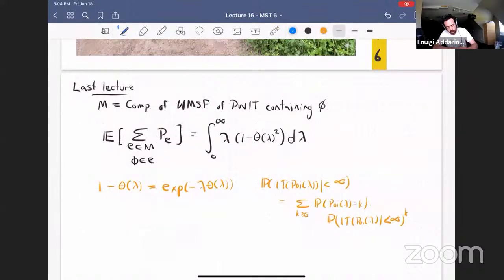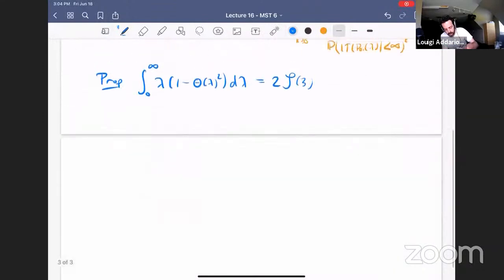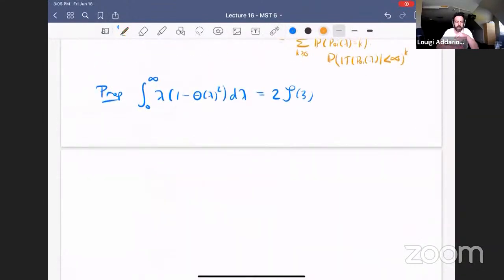Okay, so using this, we're going to prove that this expected total weight incident to the root in M was 2 zeta 3. So now that boils down to showing that if we integrate lambda (1 minus theta lambda) squared d lambda, that we get 2 zeta 3. So let's prove that. So this is quite a pleasant calculation.